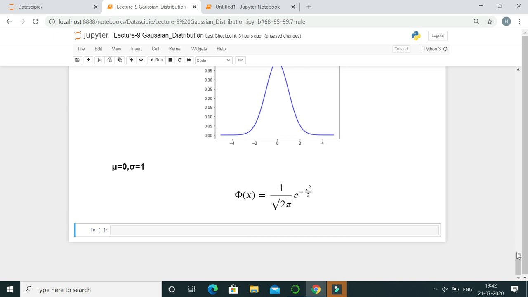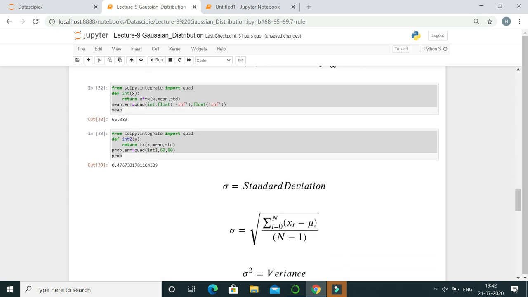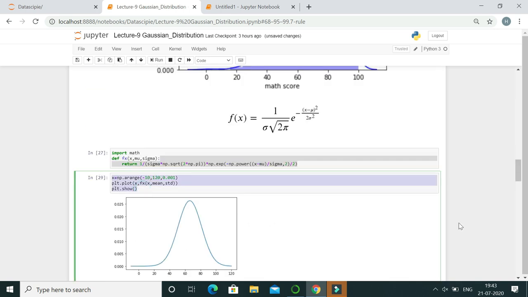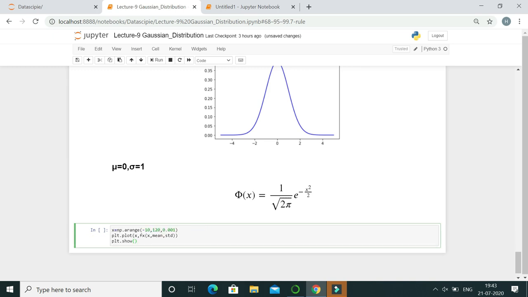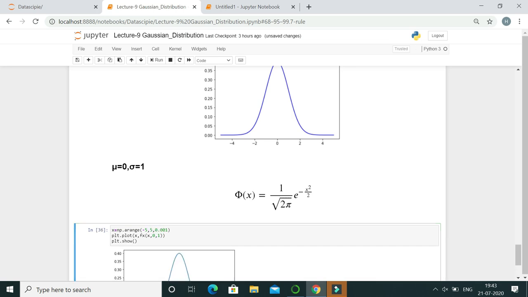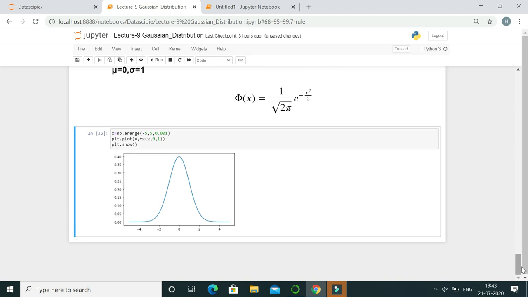For that, copy the previous plot equation and paste it over here, and replace our mean with 0 and standard deviation with 1, and we would specify its range from minus pi to plus pi. Okay, so when we plot it, we get the requisite result.